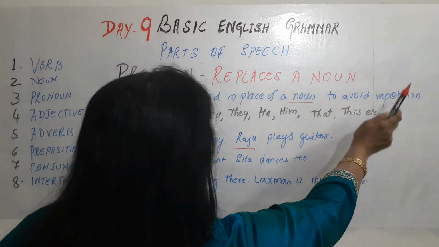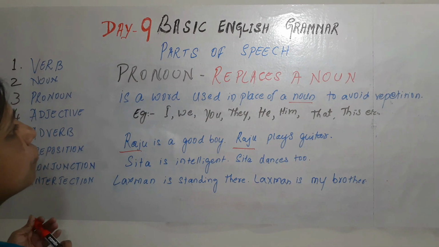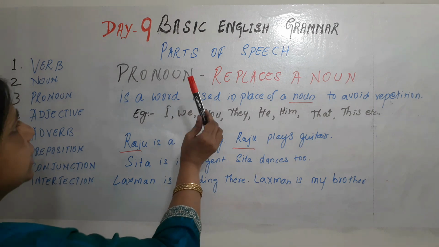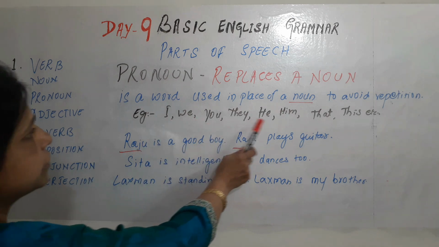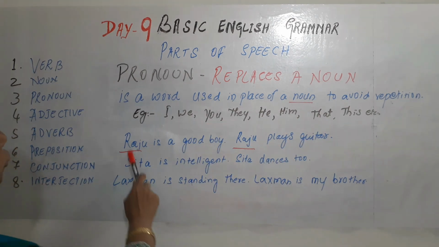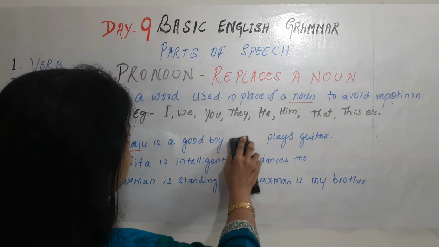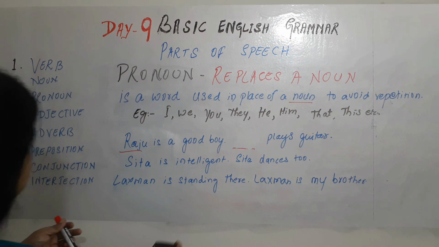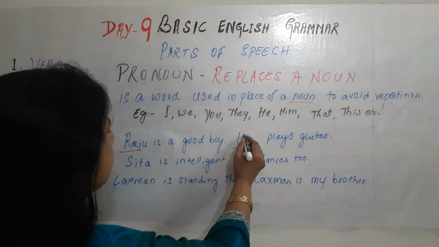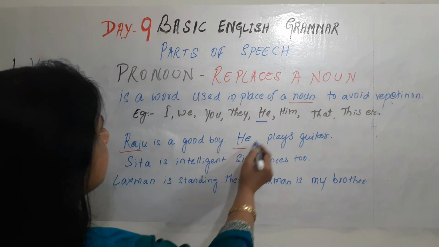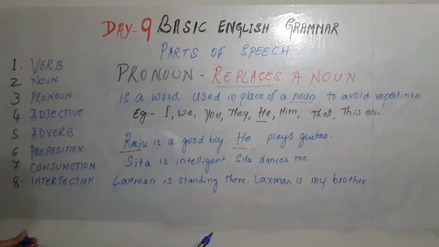To avoid repeating Raju again and again, we use a pronoun. So instead of Raju, we can say he. He plays guitar. So we can replace it, right?